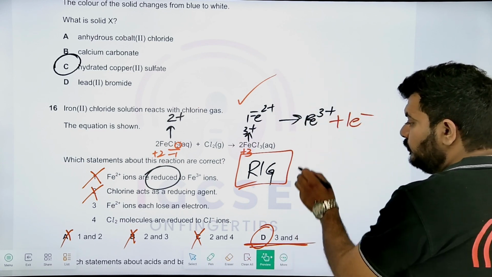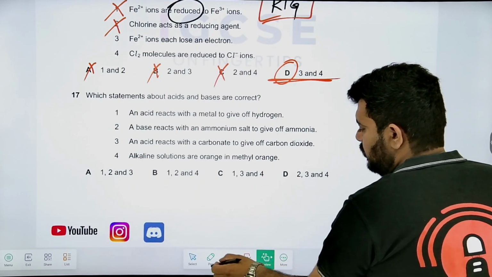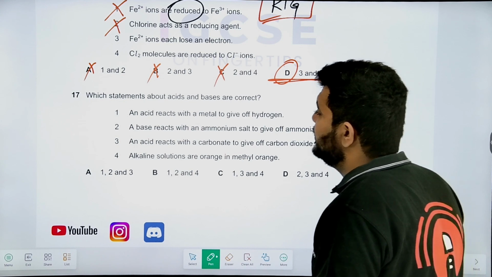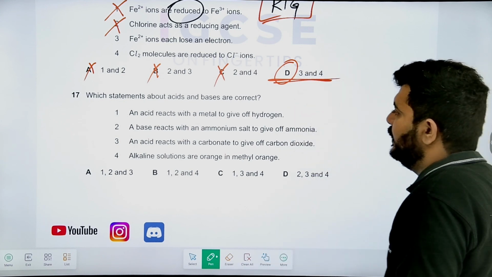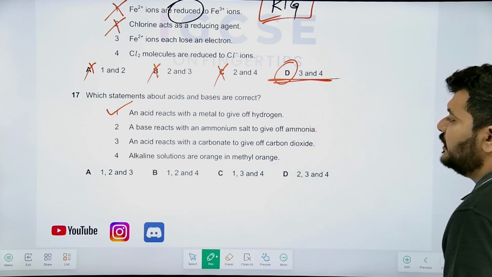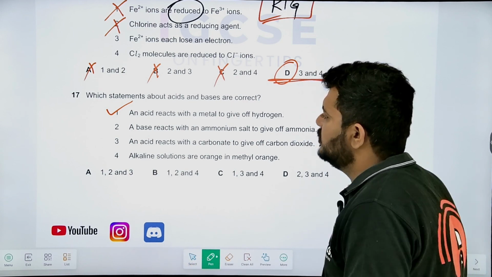Then we have the question: which statements about acids and bases are correct? An acid reacts with a metal to give off hydrogen, right? It does. This is a characteristic reaction. For that, the metal has to be more reactive than hydrogen.